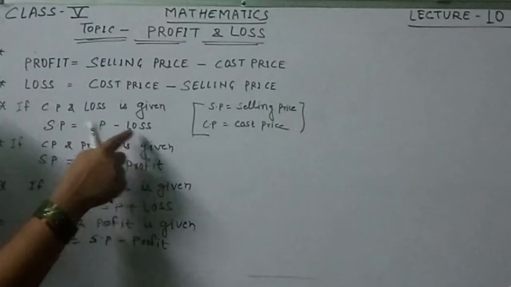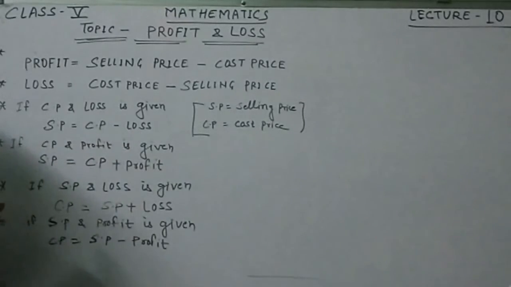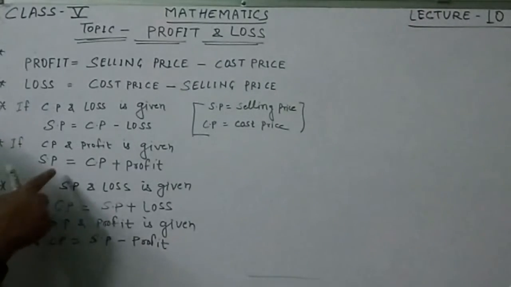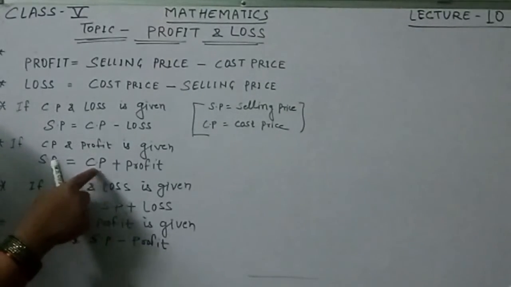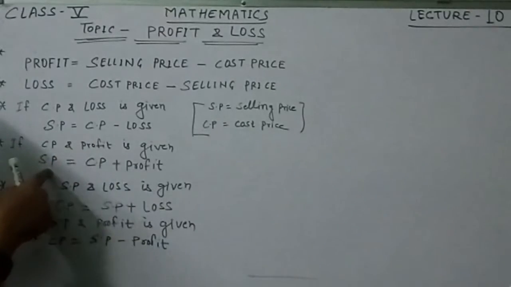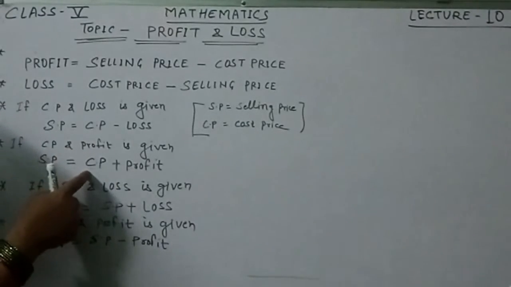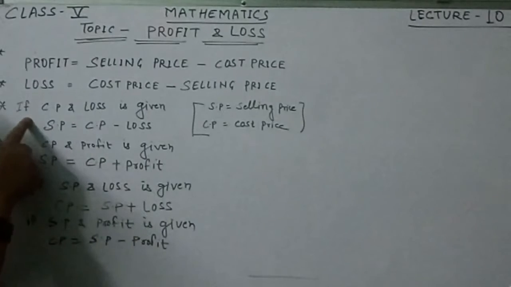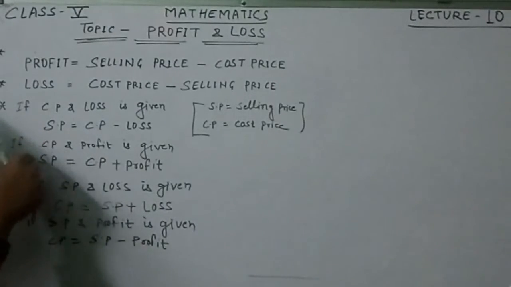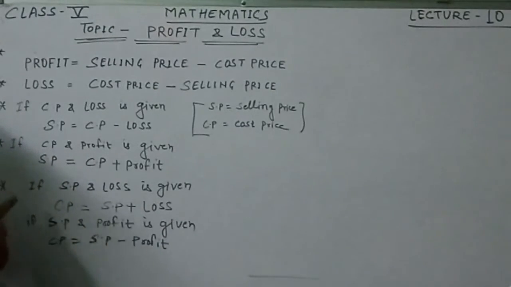If the cost price and profit are given, then the selling price is equal to cost price plus profit. Don't be mixed up: when loss is given, we subtract from the cost price; when profit is given, we add to the cost price.